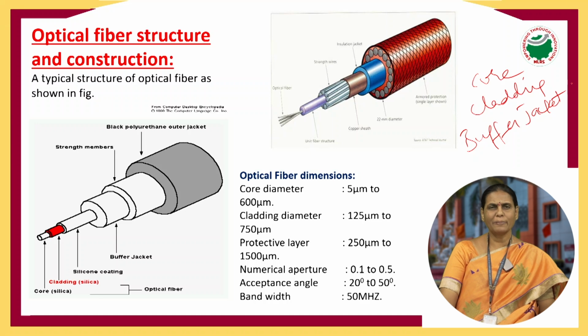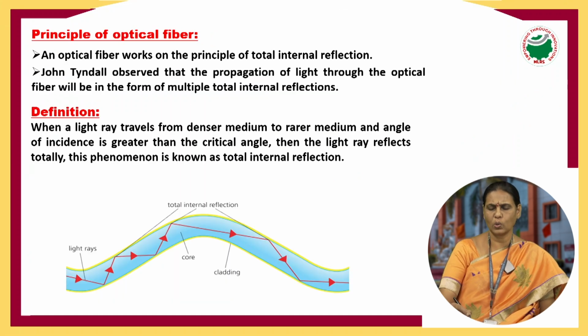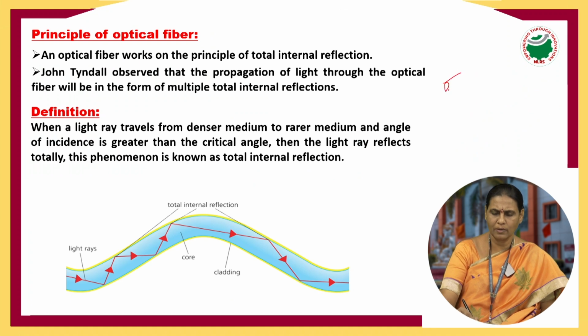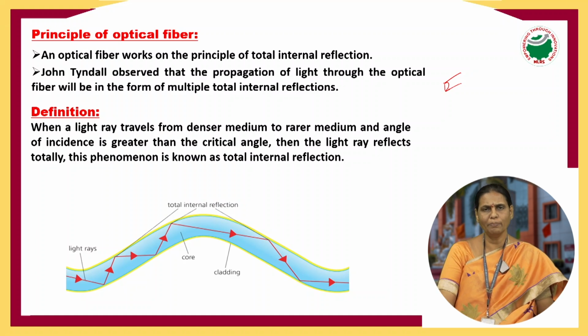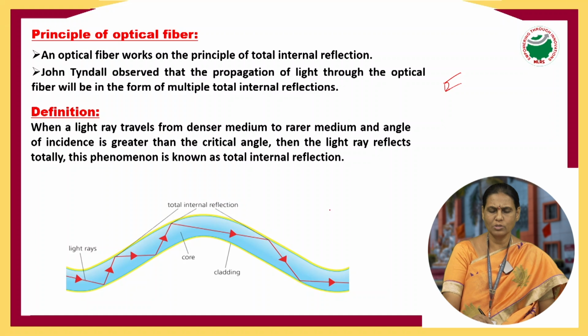Core. What is the purpose of this core? What is the use of this core? In this figure, the core is this one. It will be in the form of a cylindrical shape with a very small diameter, like a cylindrical tube, and it is prepared using materials like plastic, glass or fiber.